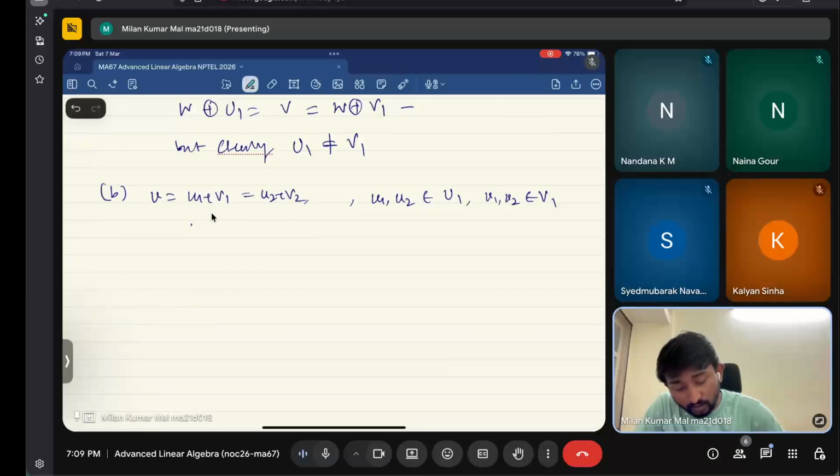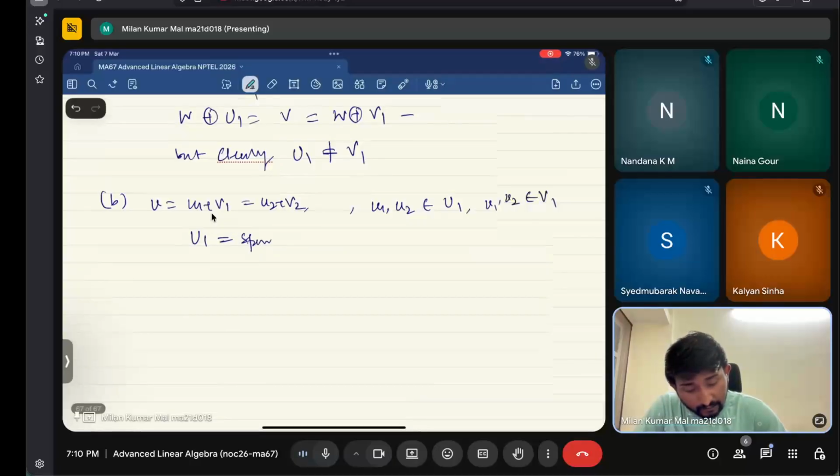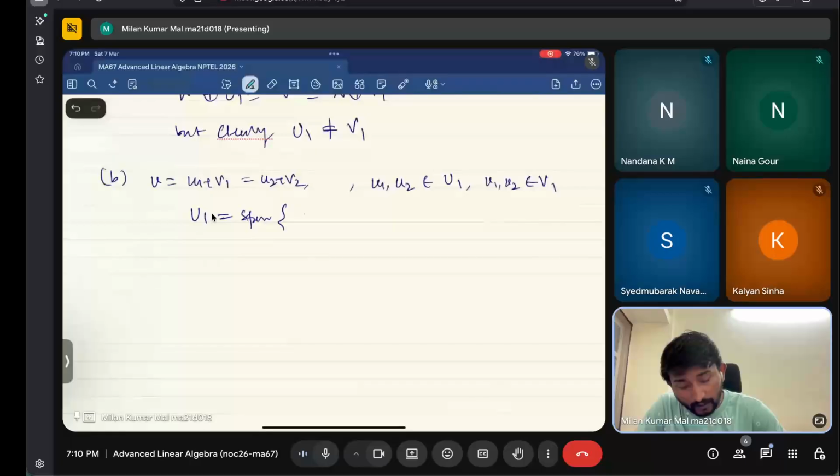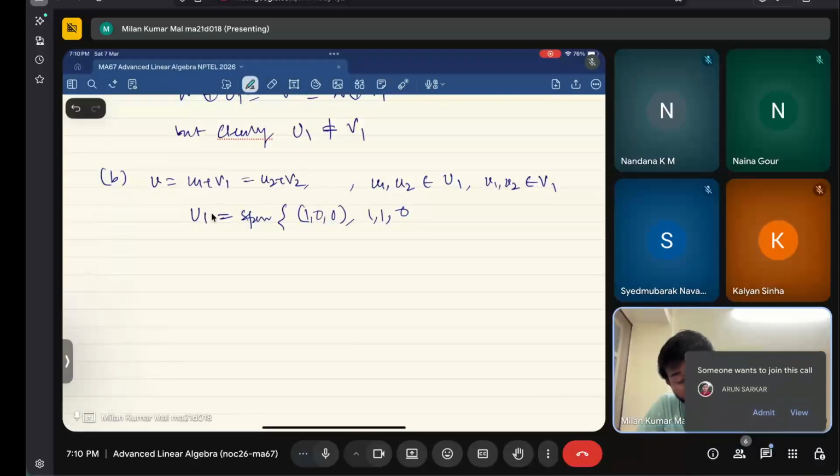So let's take U1 equal to anything else given here. V equals U1 plus V1, that is also given. So let me write U1 is equal to the span of (1,0,0) and (0,1,0), and V1 is equal to the span of (0,1,0) and (0,0,1).